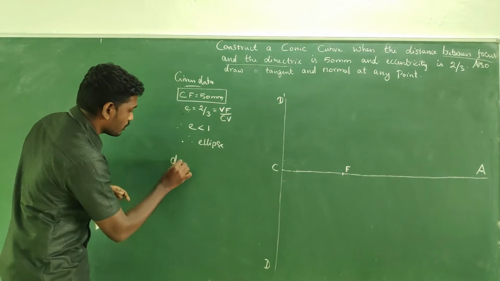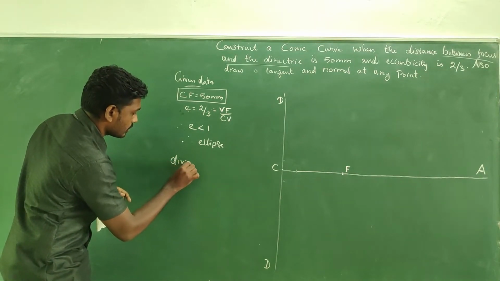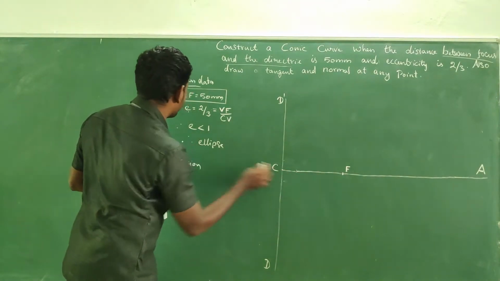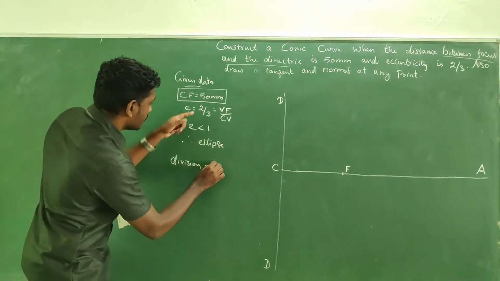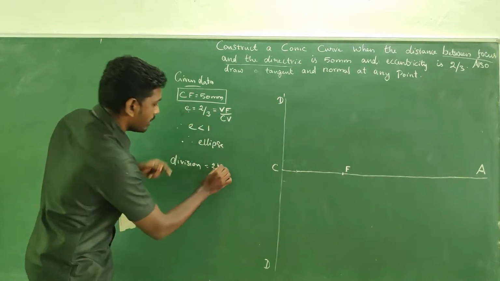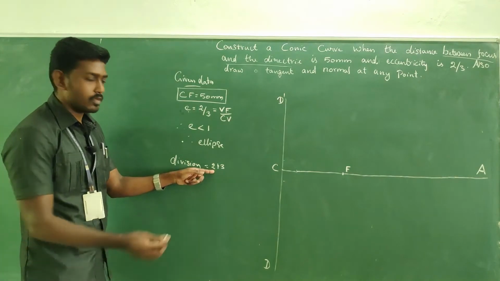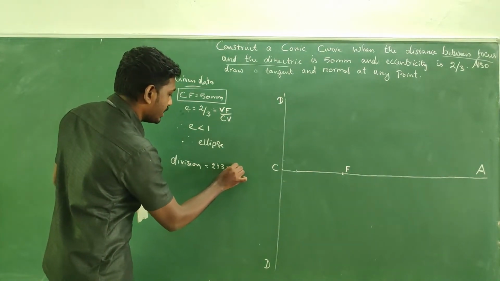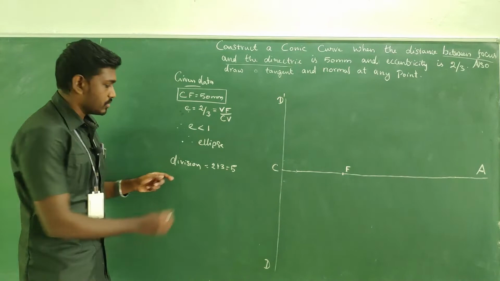To find the divisions between CF, we add the numerator 2 plus the denominator 3. So we get 5 divisions.